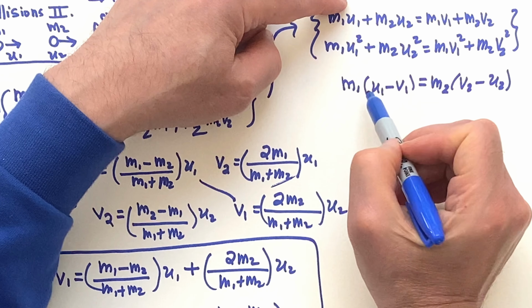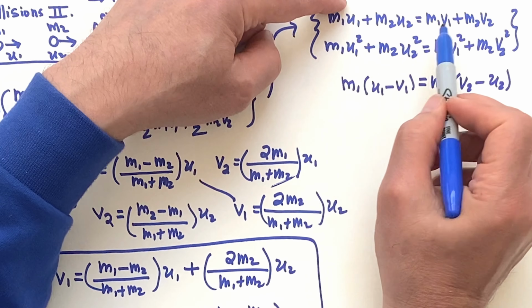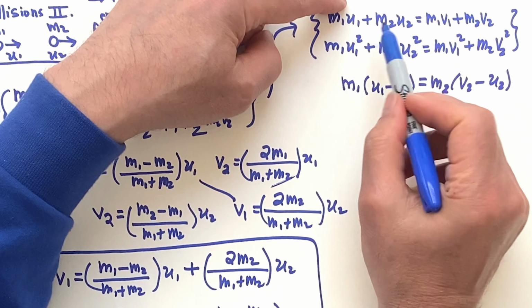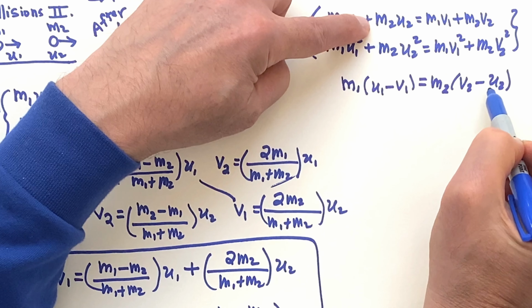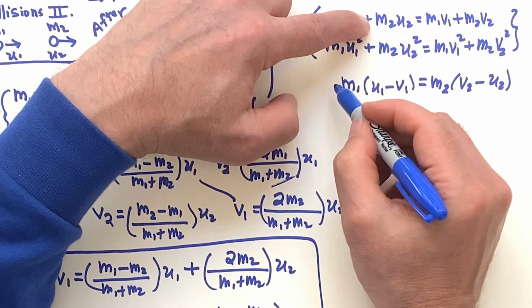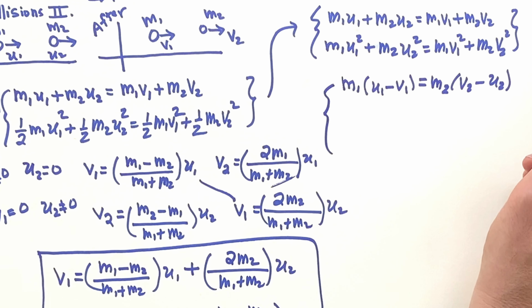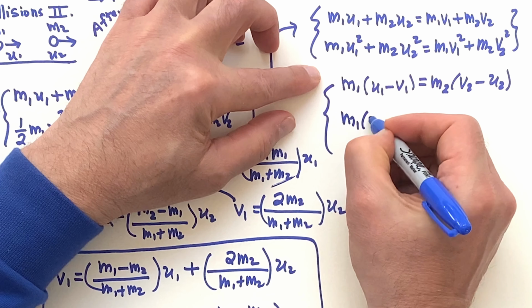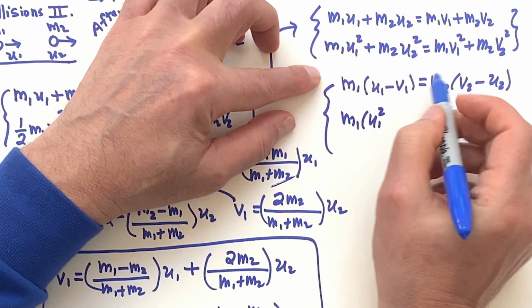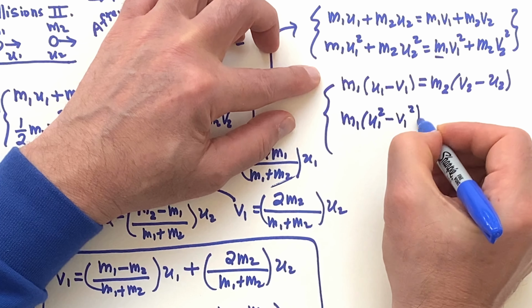So M1 U1, if I subtract V1 to get the ones on the left, and then here I have M2 V2, but subtract M2 U2 to get the one on the right. So I'm going to do the same thing here with the next equation. So I would have M1 times U1 squared minus V1 squared.